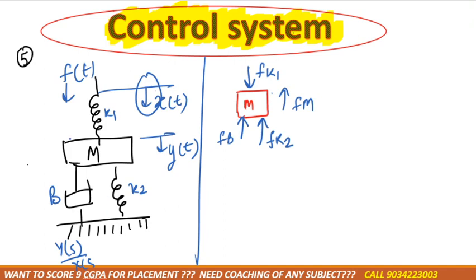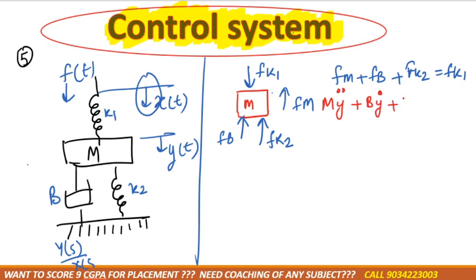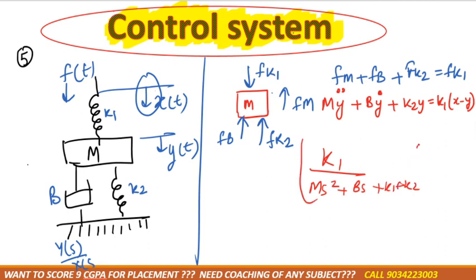Okay. So in this case, what would be the equation? Fm plus Fb plus Fk2 is equal to Fk1, right? So Fm is how much? M y double dot. Fb is how much? B y dot, plus K2 y is equal to K1 into x minus y. Understood? So after solving this, you will get the answer as K1 divided by ms square plus bs plus K1 plus K2. You get the same answer or a different answer?